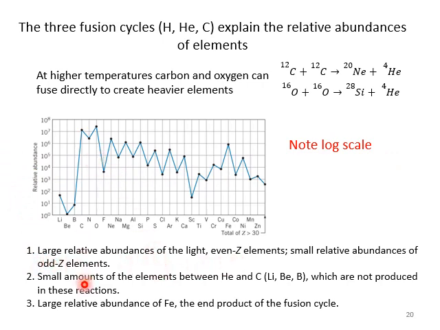So we can see large relative abundances of even Z elements. Those are going to be the helium multiples, and small for the odds, right? The lighter elements aren't formed in the reactions that we've got up here. So lithium, beryllium, and boron aren't formed.